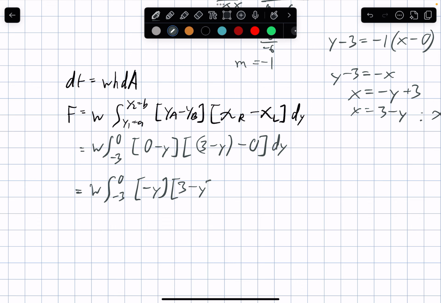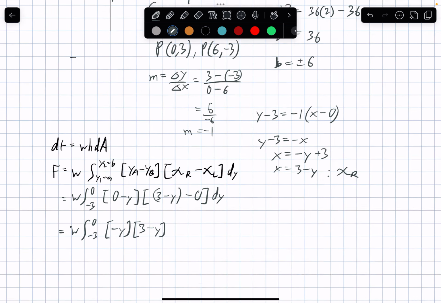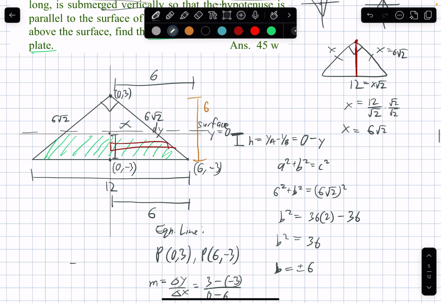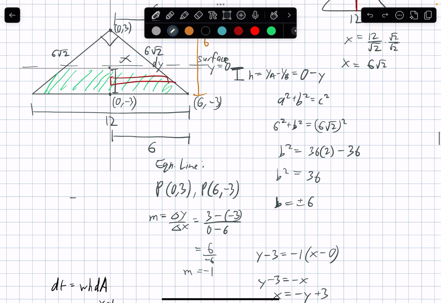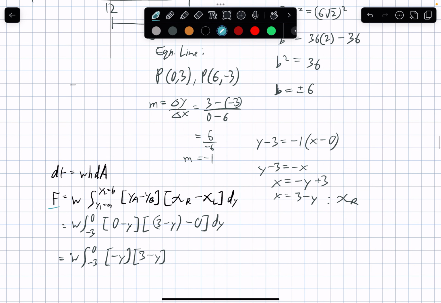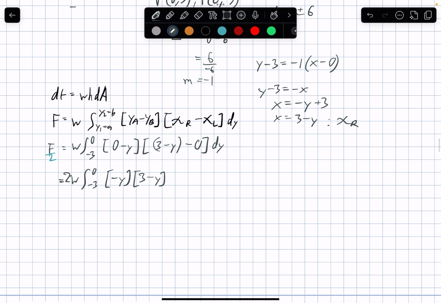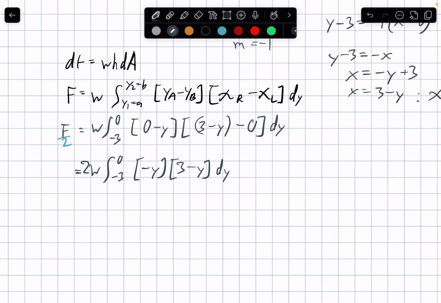times 3 minus y. By the way, since this is a triangle, we are also accounting for this area, right? Not just this. So that means we have to put over 2 in the left side of this equation. And we'll transpose it, it becomes 2w at the right side. Okay?